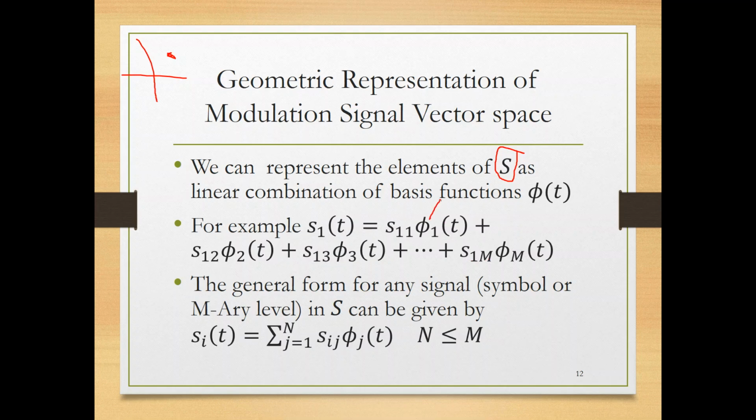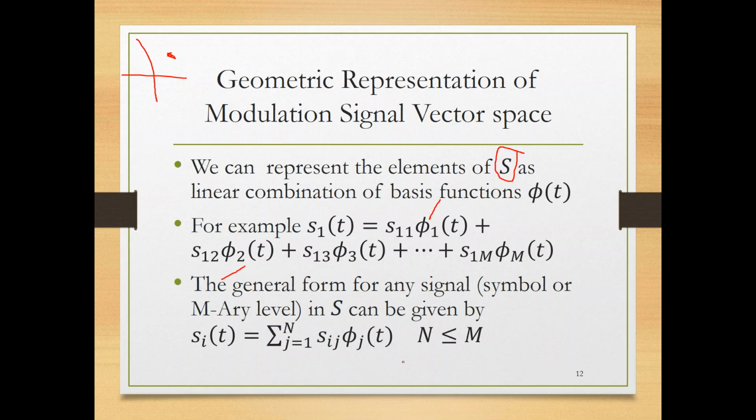What's this phi 1? This is an orthogonal basis function. Give me an example. Sine. What's phi 2? Cosine. Sine and cosine are orthogonal to each other, and since they are orthogonal, they can be used together. And S1,2 and S1,1 are the weights. They represent the amplitude, or where it's located.